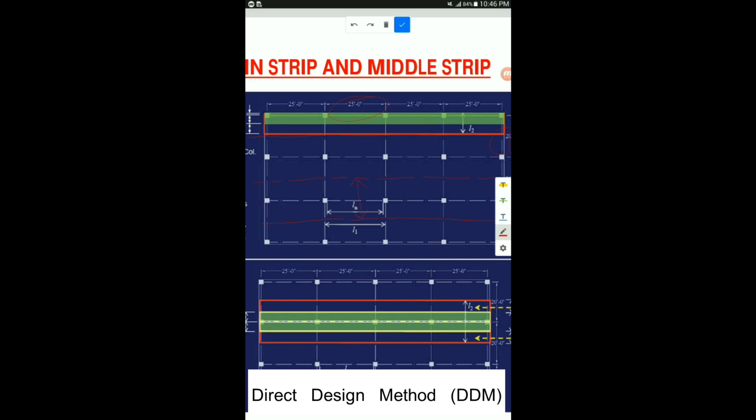This is 20 feet. So the total width of the rigid frame will be 20 feet. Now because this is an exterior rigid frame, not an interior one, I'll explain how we find the dimensions of the equivalent rigid frame for this exterior frame.